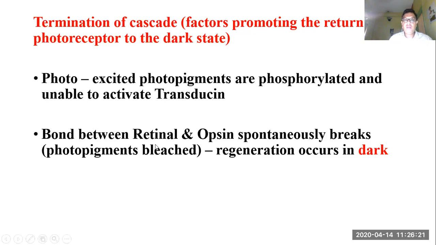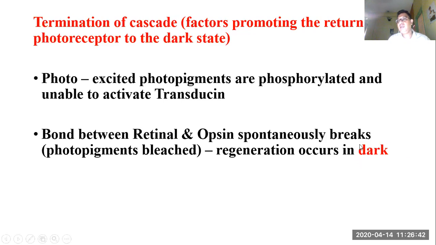And the bond between the retinal and opsin, this is the protein part, this is the chromophore, will be broken down, and the photopigment or the opsin part which remains behind is known as bleached, or rather the whole of the photoreceptor is bleached, and the regeneration occurs in the dark.